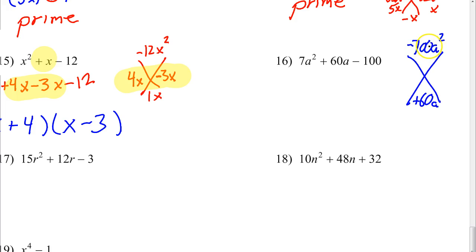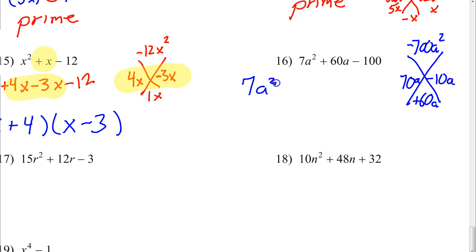And don't think difficult, think easy first, like maybe 70 times 10. And then right away you say, oh yeah, 70 minus 10 is 60. Sometimes these big numbers you can think are difficult, but really not so much. 70 times negative 10 gives you negative 700, and 70 minus 10 gives you 60.